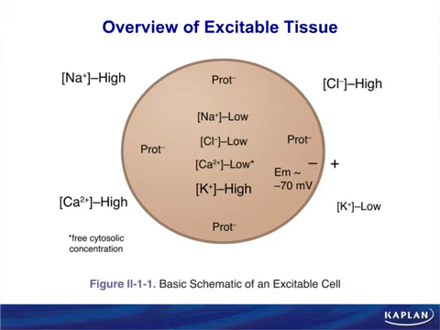So we really don't care what the level is, but we do need to know that there is a concentration gradient for potassium to diffuse out of the cell. Now, there is a separation of charge across this membrane, and we will go into more details related to that. But this slide sets up the idea of concentration gradients.